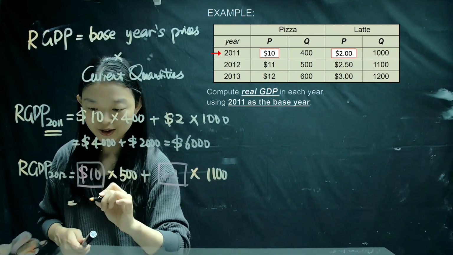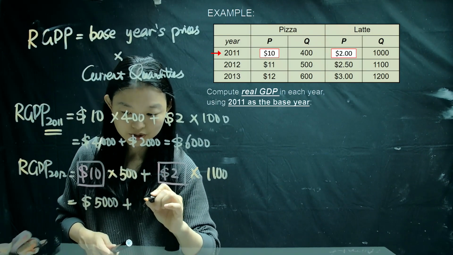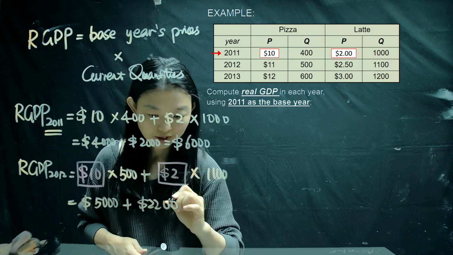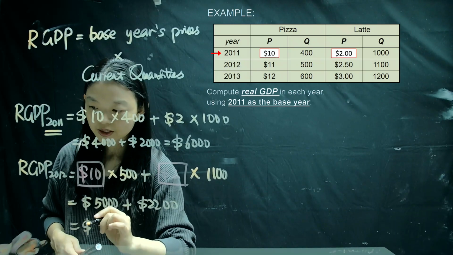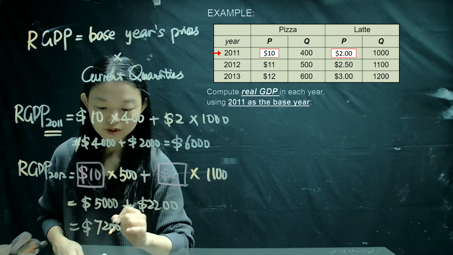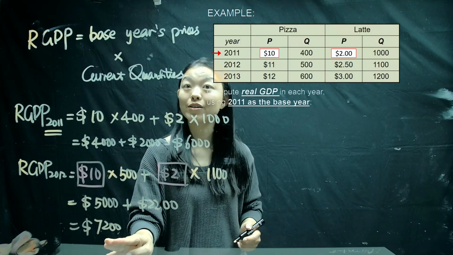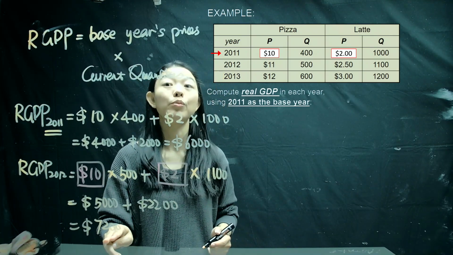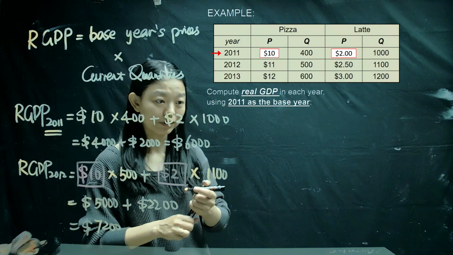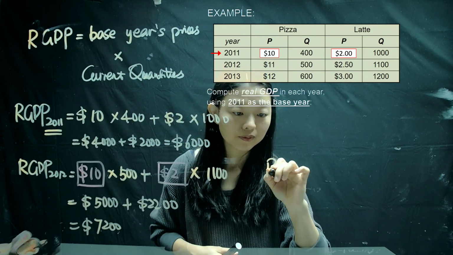So we have $5,000 plus 2,200. In total, the real GDP in 2012 equals 7,200, and you will notice this is different from the nominal GDP we just computed for 2012.